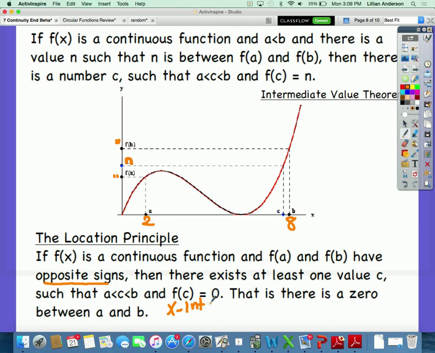If you have a function, and they give you an interval, and the y value for one endpoint and the y value for the other endpoint are different signs, then there is an x-intercept somewhere between a and b.